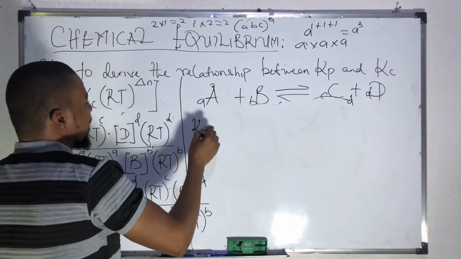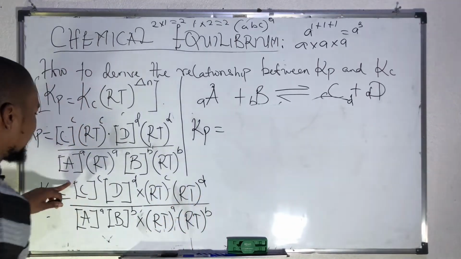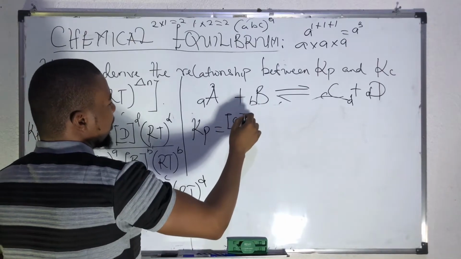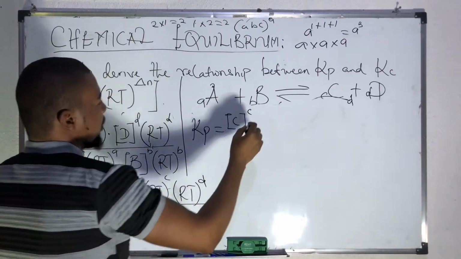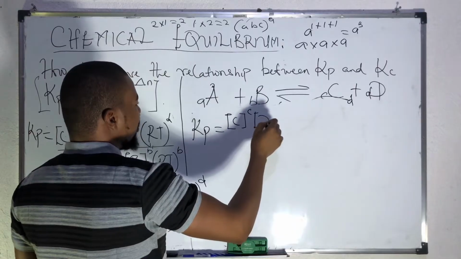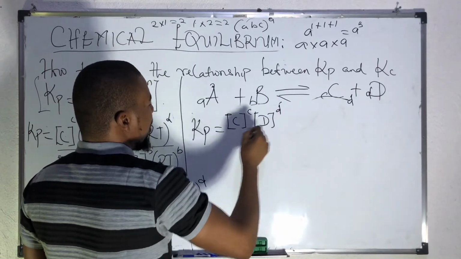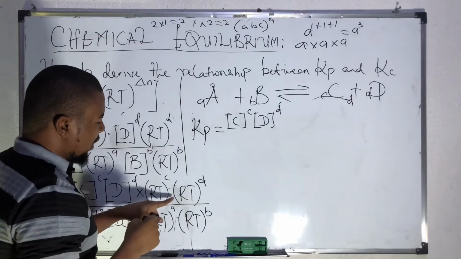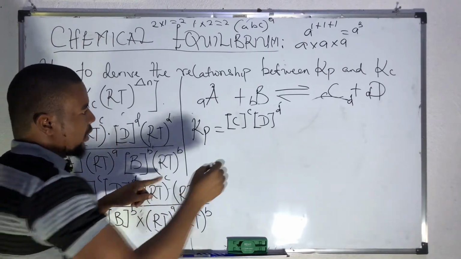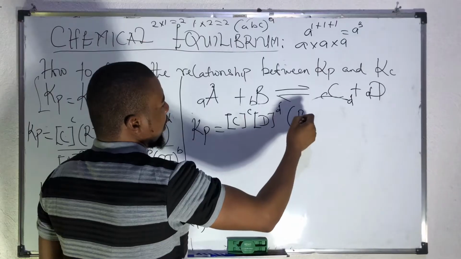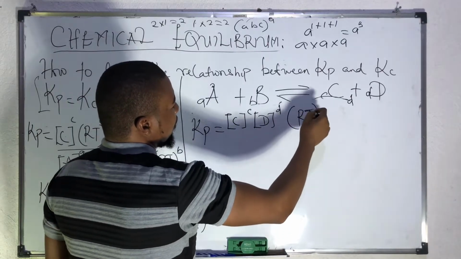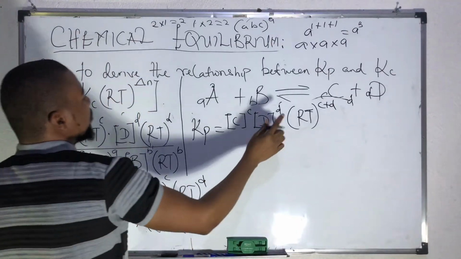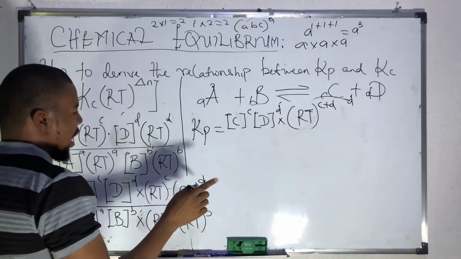Therefore, we have our Kp is equal to, let me also write this expression. We have the concentration of C raised to the power of C multiplied by the concentration of D raised to the power of D. And remember, this is RT, and they're multiplying. So we simply say RT raised to C plus D. They're multiplying, so we simply add their powers.